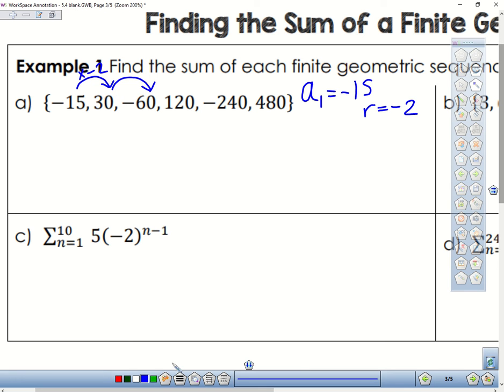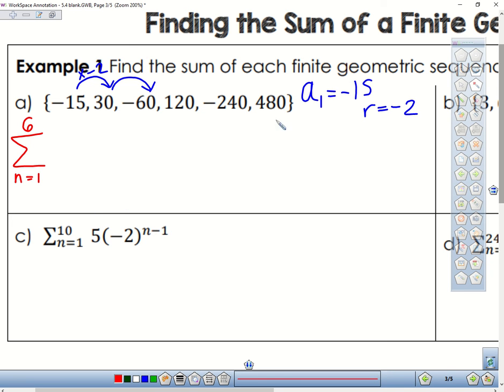So once we've identified a1 and r, we want to find the sum of the geometric sequence, but they also want us to set up the general form of the actual summation itself, the summation notation. So we write out the summation, starting at n equals 1, and going up to how many terms we have. How many terms do we have in this particular sequence? 6.